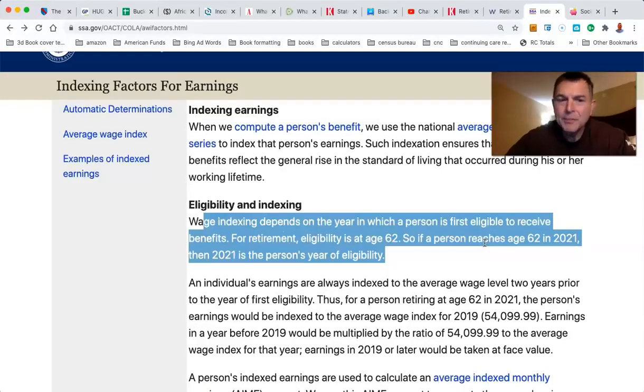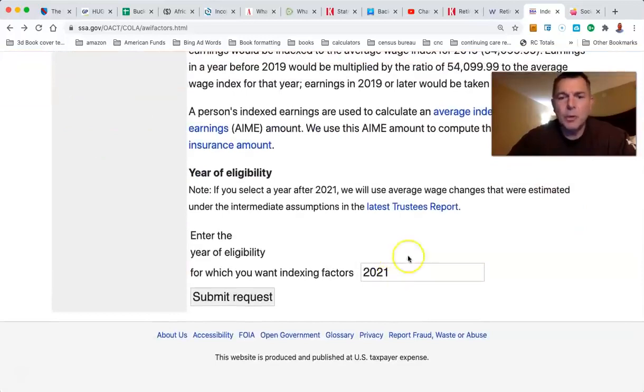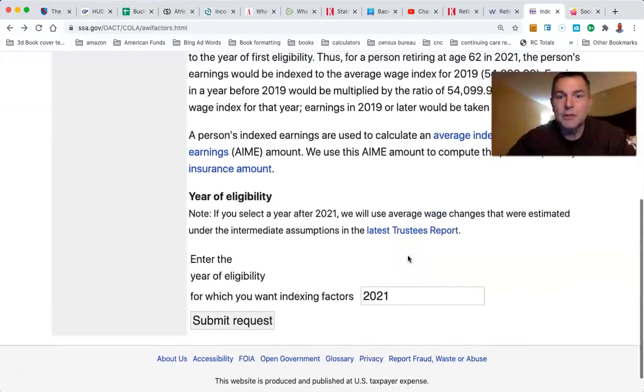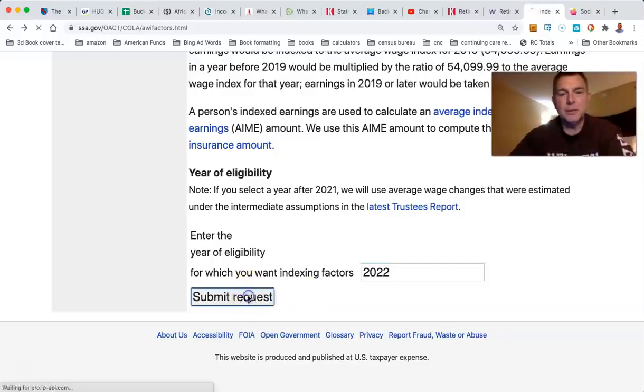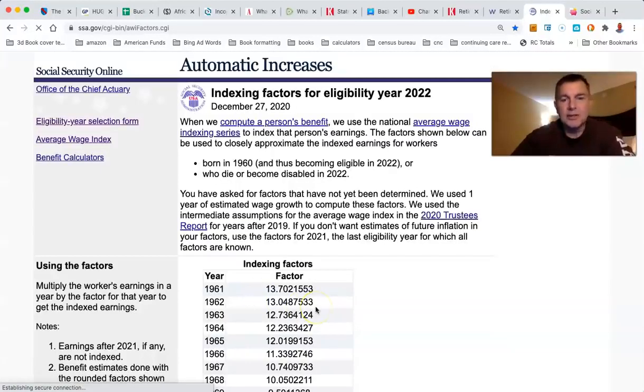I hope that makes sense. So basically 2021 is not my first year of eligibility. I reach 62 in 2032. And this is where it's a little bit confusing, and so that is my first year of eligibility.